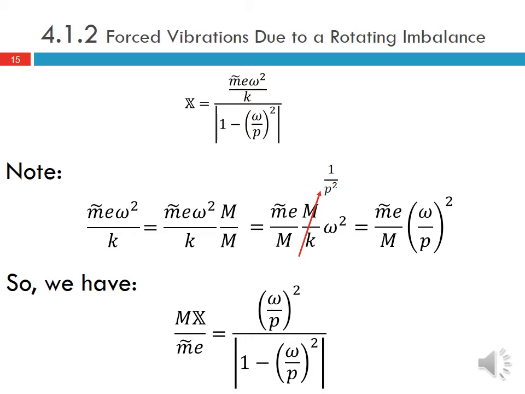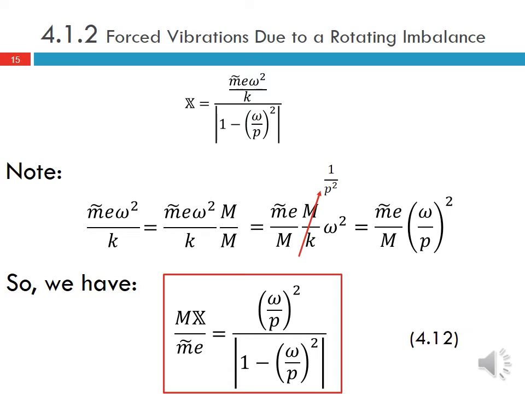We can then write our response, the steady state amplitude, as MX over m e equal to omega over p squared divided by 1 minus omega over p squared. So this is the amplitude response for forced vibrations due to a rotating imbalance.